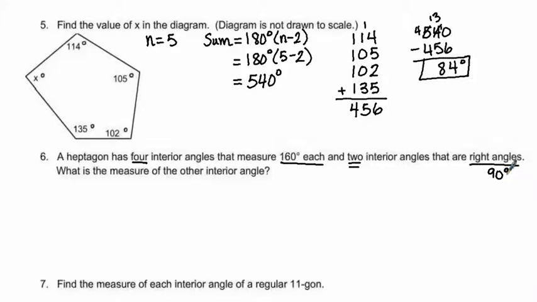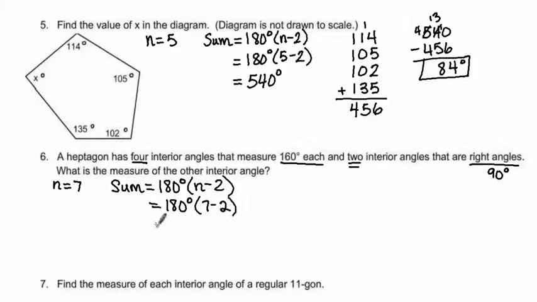Okay, so we have to determine, first of all, with our heptagon, which has 7 sides, what the sum of those 7 angles should be. So 180 degrees times n minus 2, 180 degrees times 7 minus 2, which is 5, and 5 times 180 should be 900 degrees.